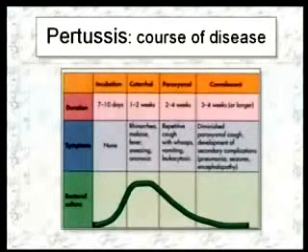And then there is a paroxysmal stage. Paroxysm refers to episodes of persistent cough without stopping. And it may go something like, you start with a mild cough, and then continue.